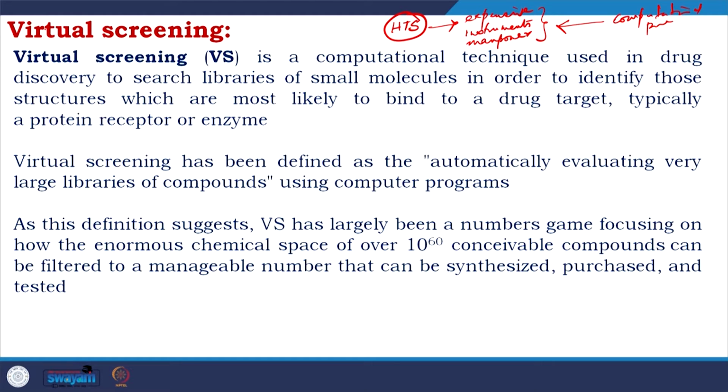and tested. So, let us say you want to work on a drug designing project, and I give you, not even a very large library, 1 lakh compounds, and you have to synthesize all these 1 lakh compounds. It is actually very difficult, it will take years for you, and that is where virtual screening comes in.